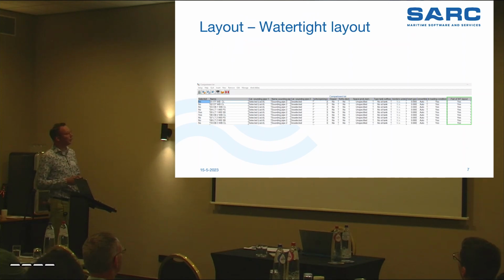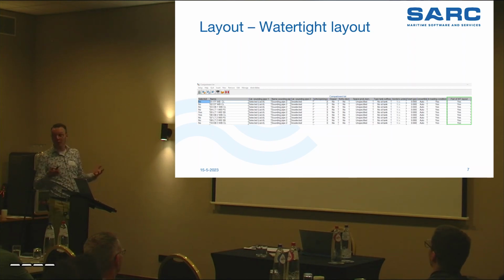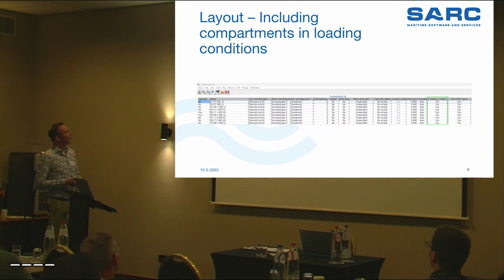One can use the drag bar, and then at the far right, the column part of watertight layout is shown, and there simply one can switch on or off a compartment to include or exclude it in the watertight layout.